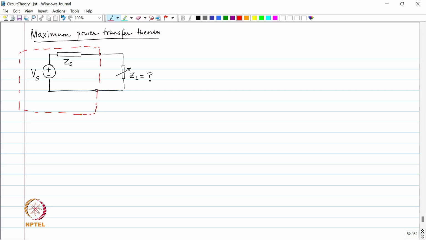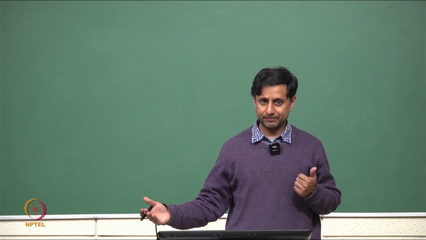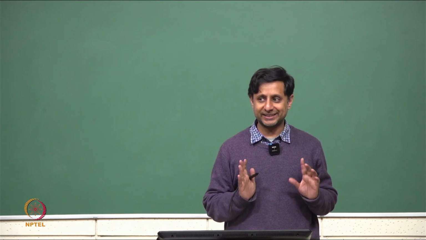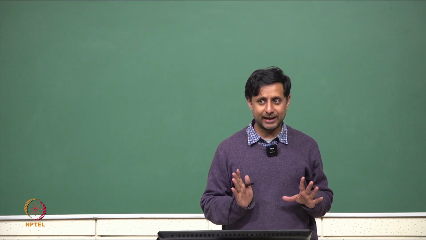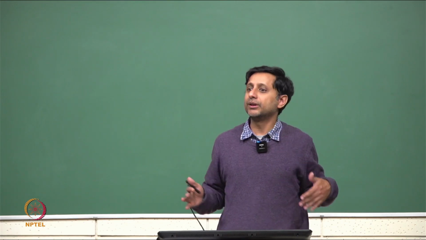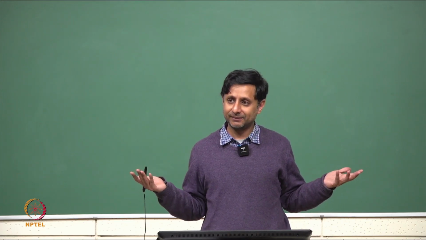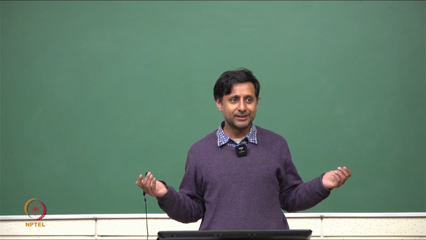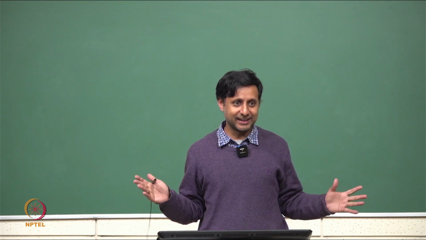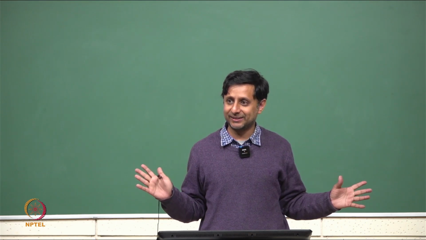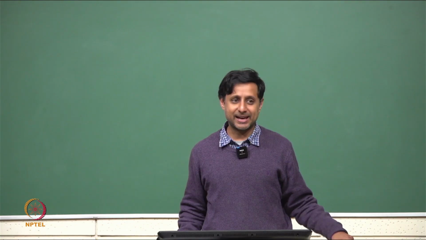So, always be careful over here, right. The question to ask is always what is ZL, never ask what is ZS. Okay, you are not allowed to ask what is ZS. If you ask what is ZS for maximum power? 0. All right. I make ZS as small as possible, I make ZS 0, then I can draw as much power.